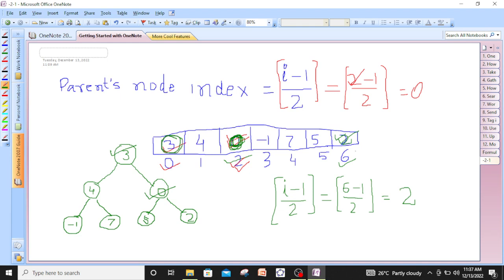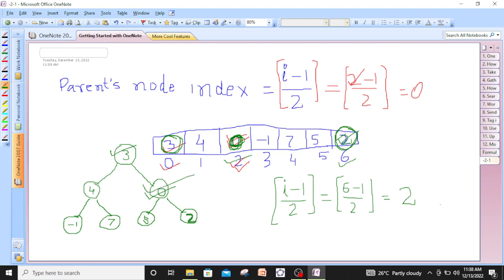Now the next question was, what is the parent of this 2, the last element? You see here is that last element. I am making it bold. What is the parent of this 2? And you see in this heap form that the parent of 2 is 0.